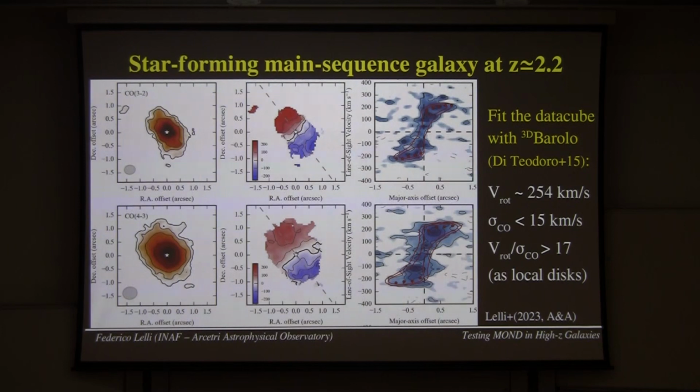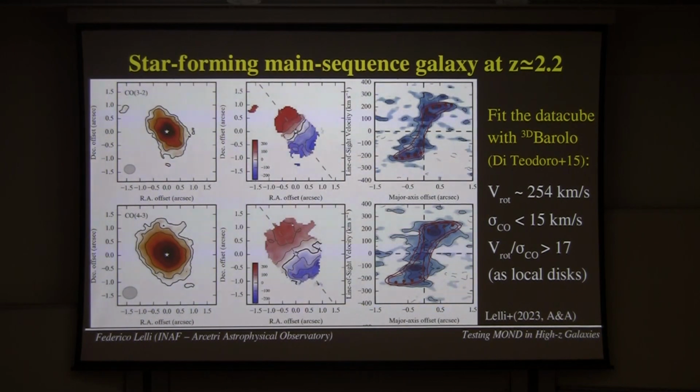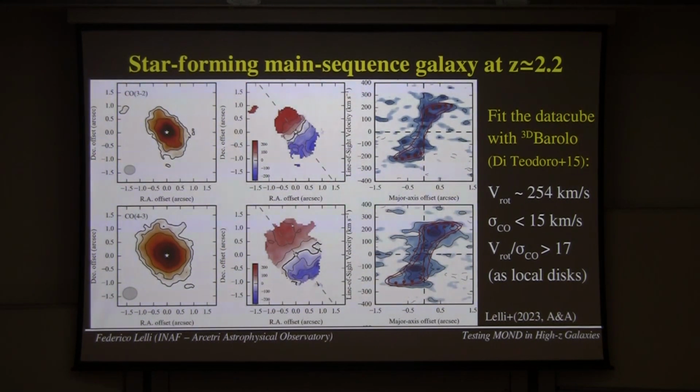There was a paper in 2020 about a dynamically cold disk at 4.2, which had much less, like they had an upper limit of 9 or something like that. As we go to higher and higher redshift, are we to expect these values to go up, or what is your feeling about this?